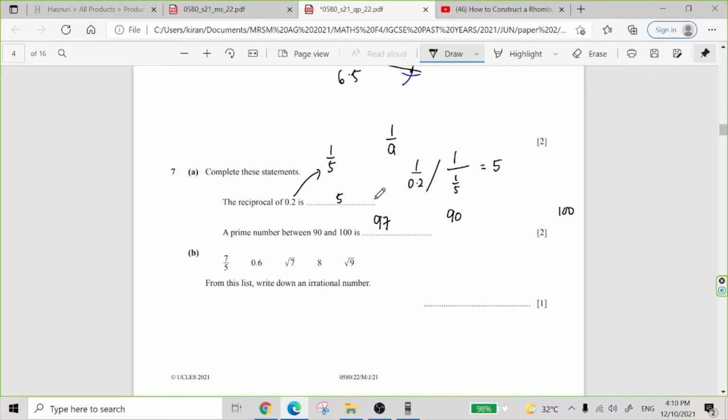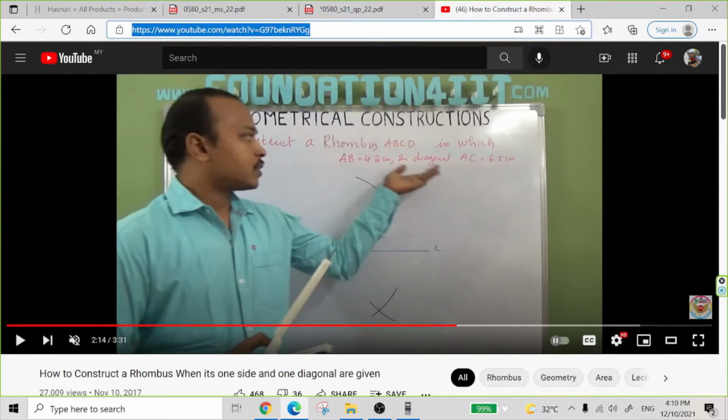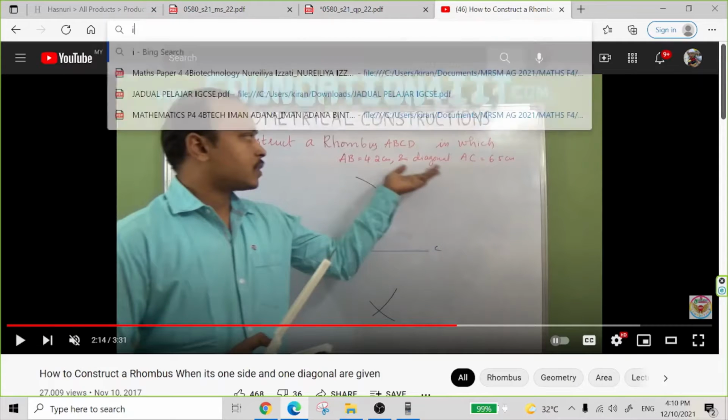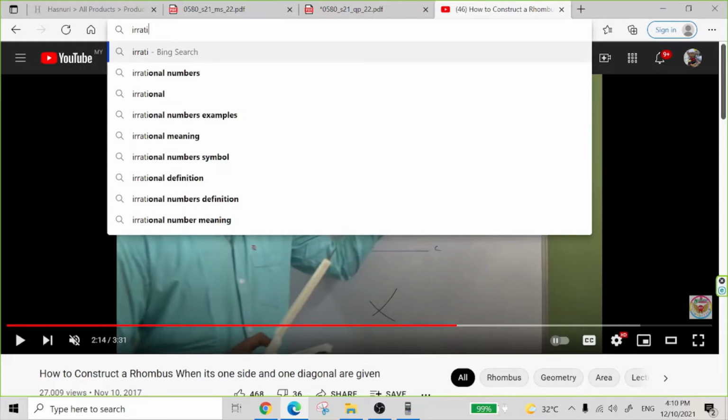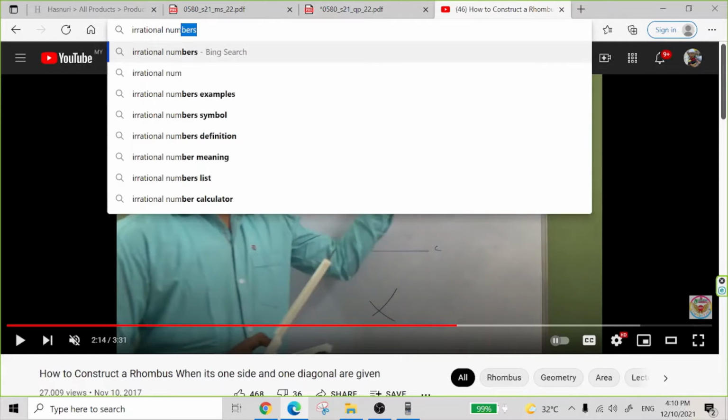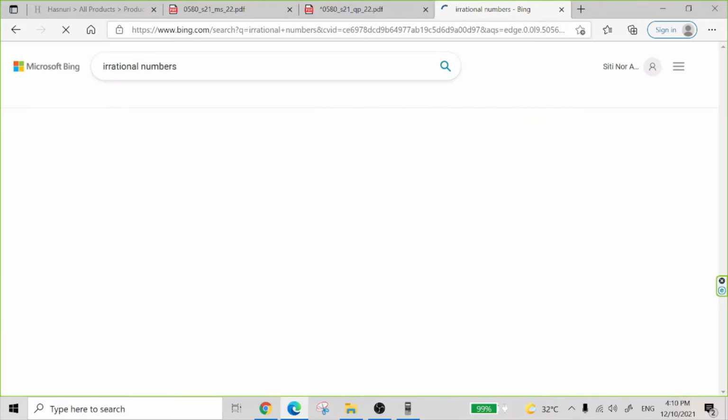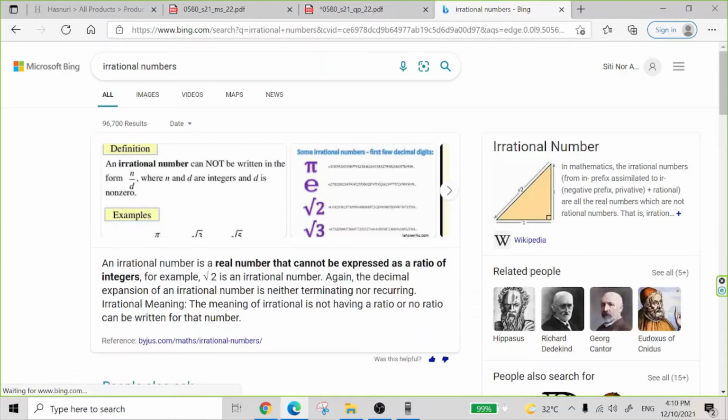So kalau kat sini the irrational number ialah 7. Okay, tak apa, kita cari sikit apa maksud irrational number tu. Awak boleh google, nak dapatkan lagi apa maksud dia.